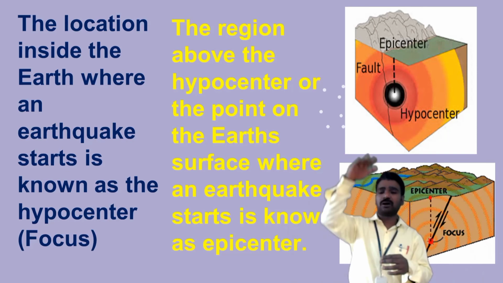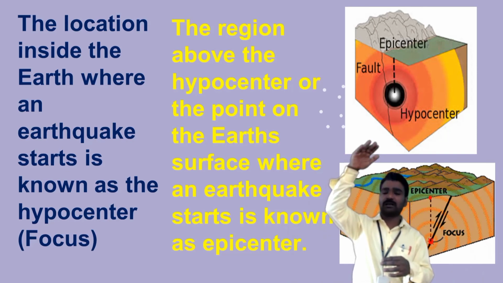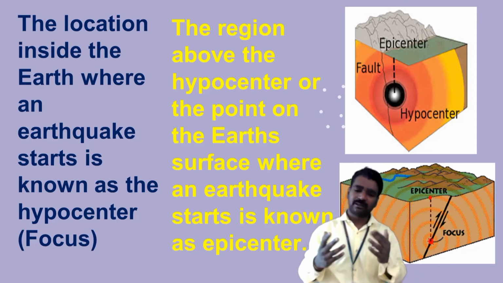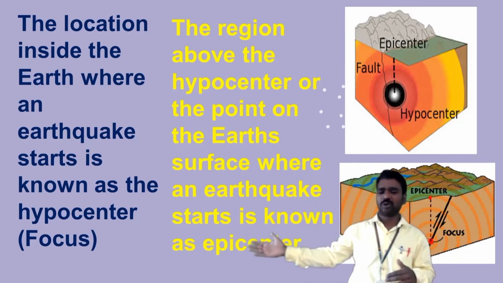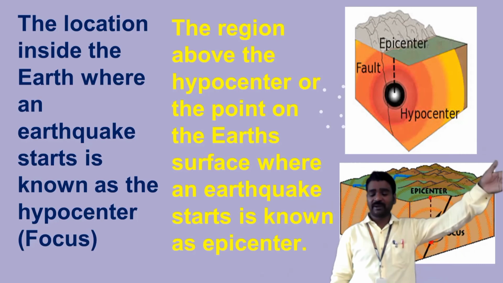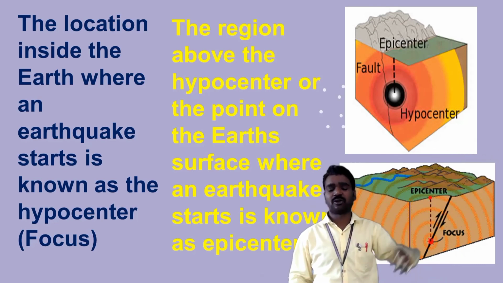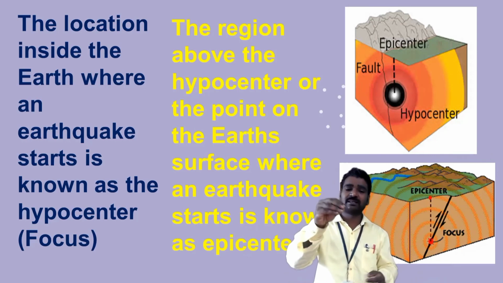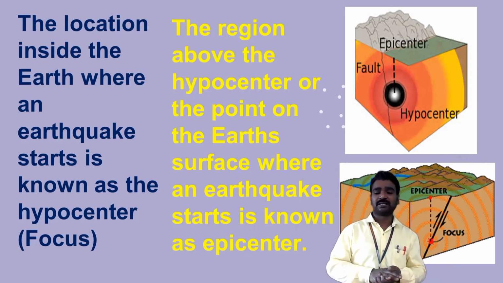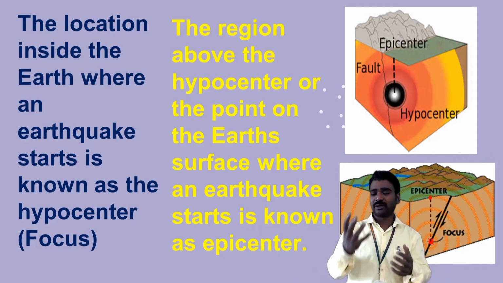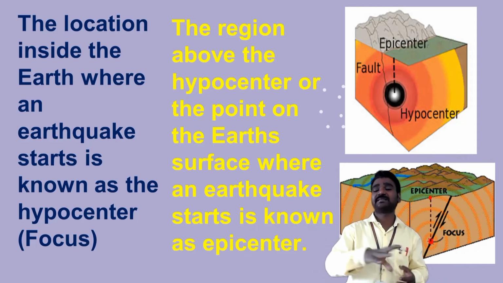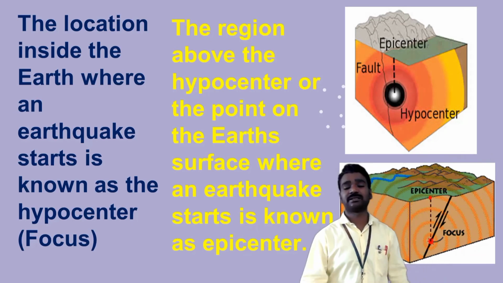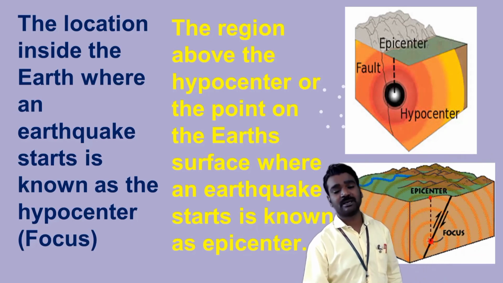No, the hypocenter may be 1,000 kilometers away. The earthquake may be felt 100 or 200 or 500 kilometers away from the hypocenter. So wherever it is felt, there is the center point where the earthquake starts, or where the intensity of the earthquake is greatest. This center on the surface of the earth is called the epicenter.